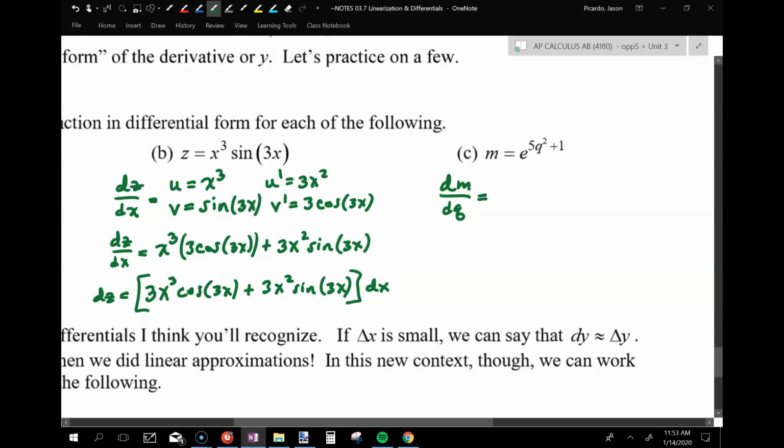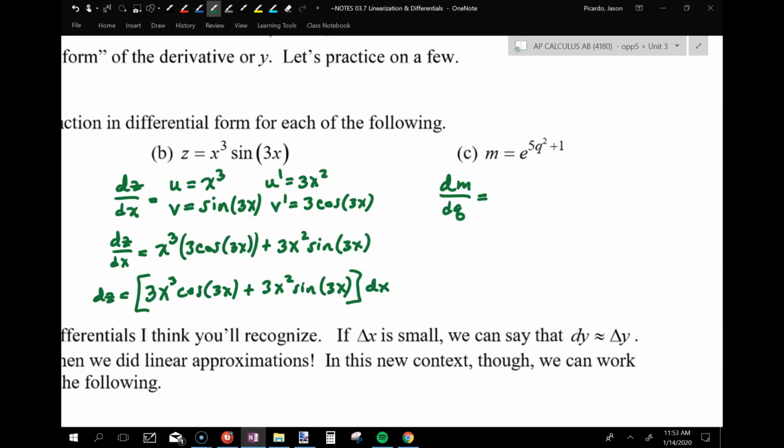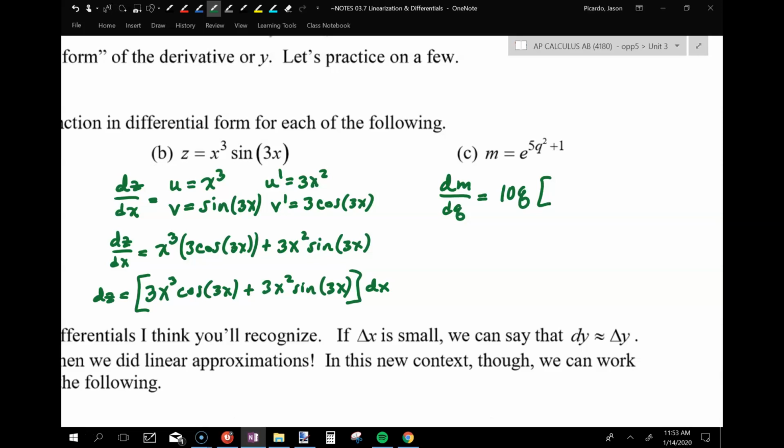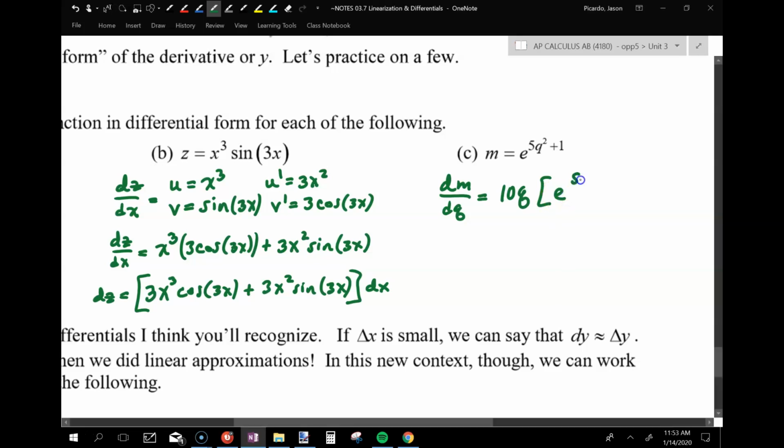Chain rule. What's the derivative of e to the x? e to the x. So it's the what? It's the derivative of the exponent, which is 10q, times the derivative of e to the x, which is e to the x. So it's e to the 5q squared plus 1.